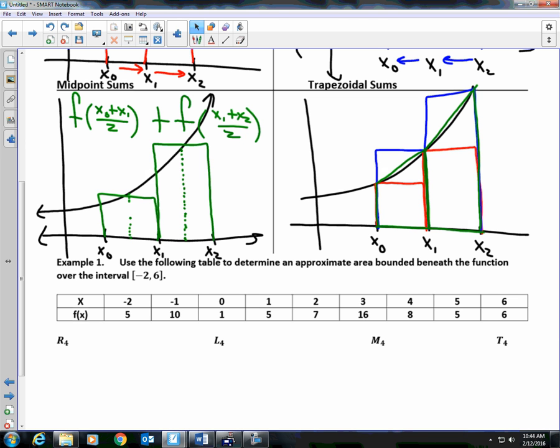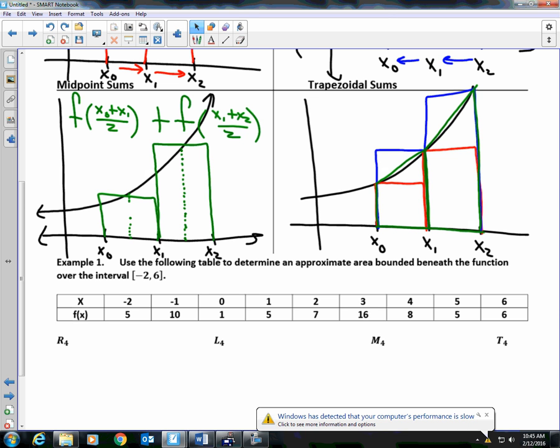Close, very close. Is the blue an overestimate or an underestimate? Is the red an underestimate or overestimate? Under. How does the green compare to the blue and red? It's the average of it, right? It's the average of the over and the under.